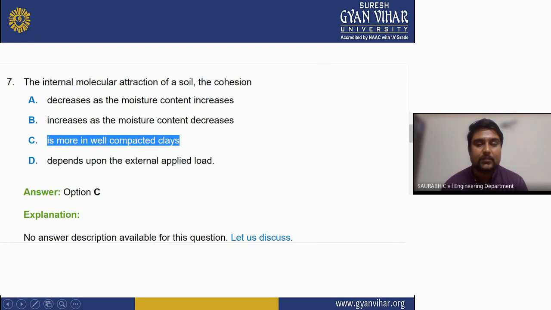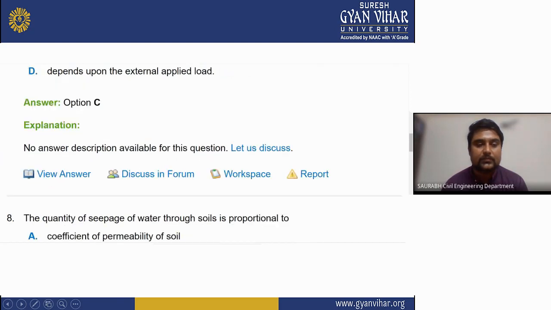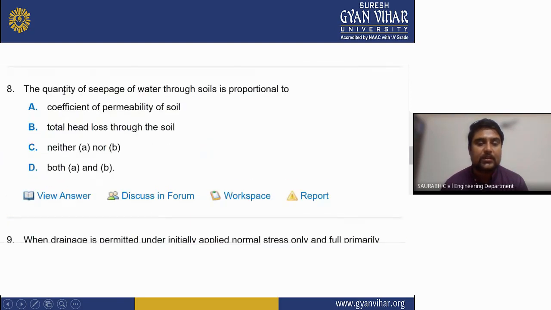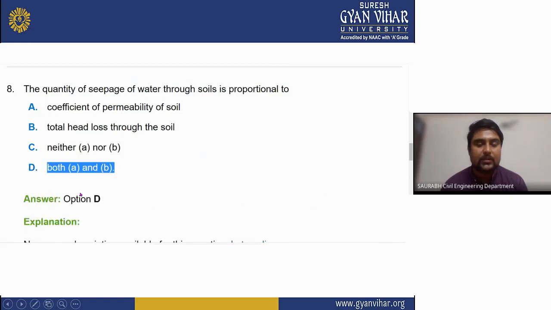So the right answer will be C. The quantity of seepage of water through the soil is proportional to the coefficient of permeability of soil, total head loss through the soil, neither A nor B, and both A and B. Here the right answer will be D. Both A and B will be the right answer here.